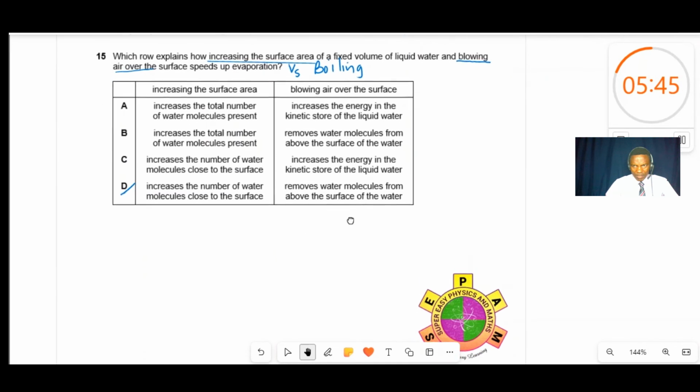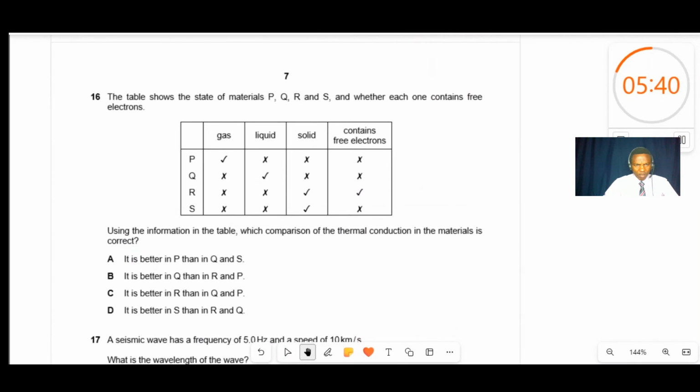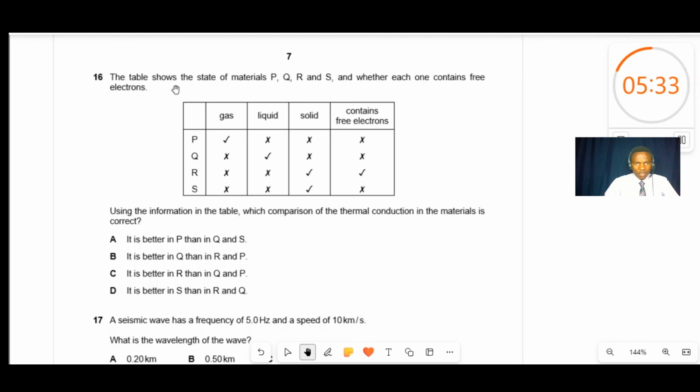We have question 16. The table shows the state of materials P, Q, R, and S, and whether each contains free electrons. Using the information in the table, which comparison of thermal conduction in the materials is correct?